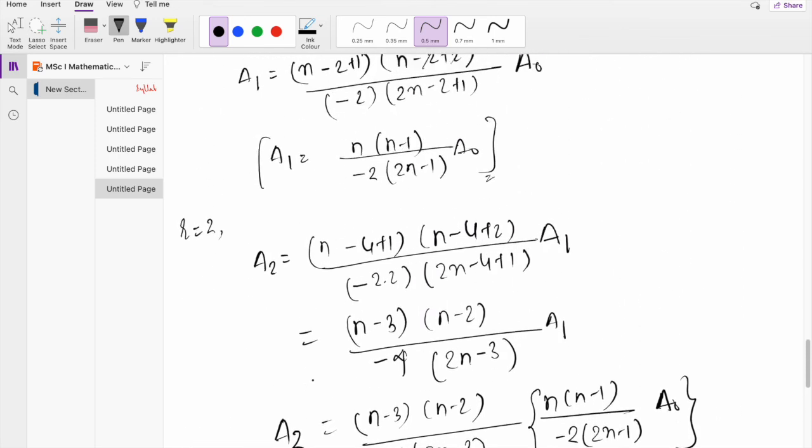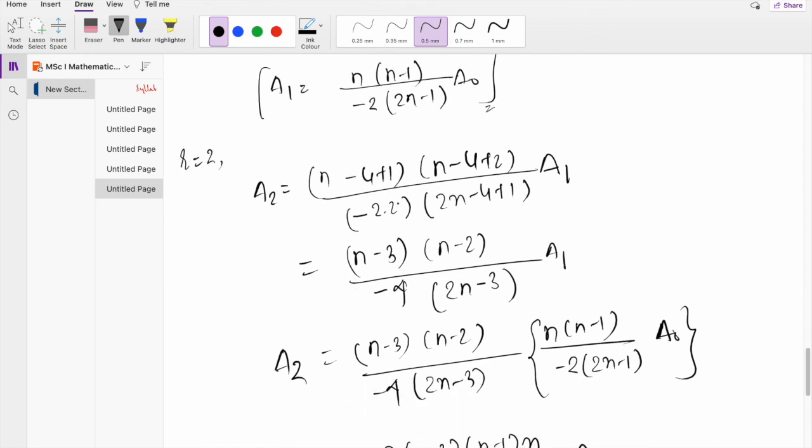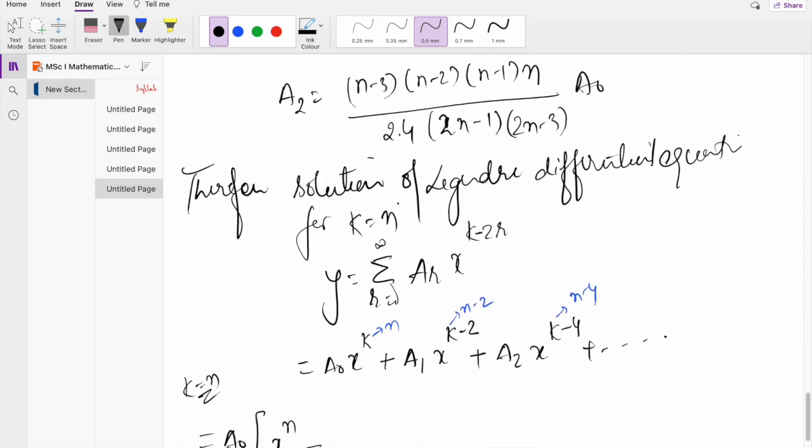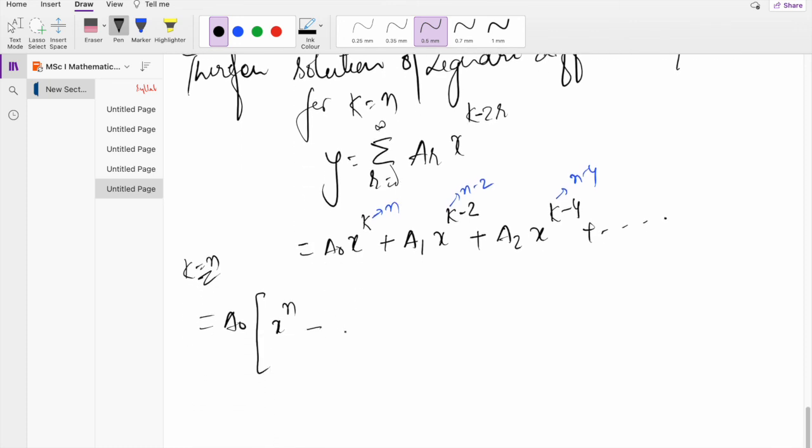The a1 term is n minus 1, so this has a negative sign first. Give me negative of (n minus 1) upon 2(2n minus 1) x to the power n minus 2.